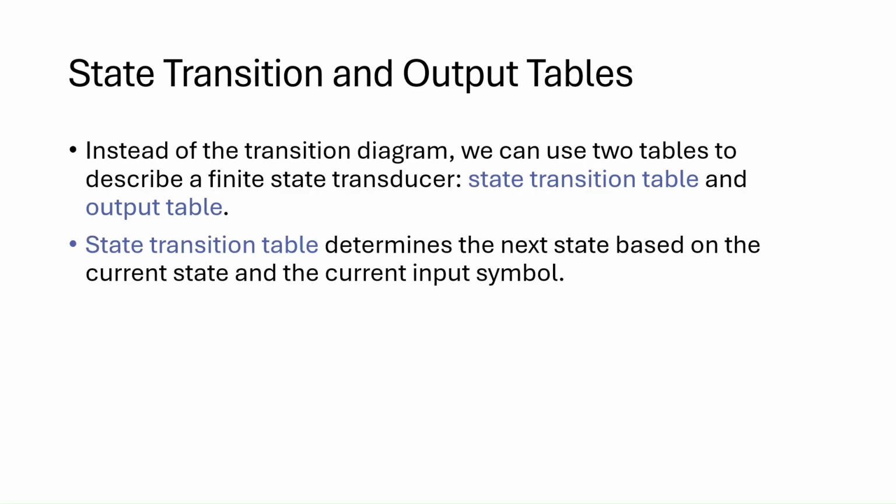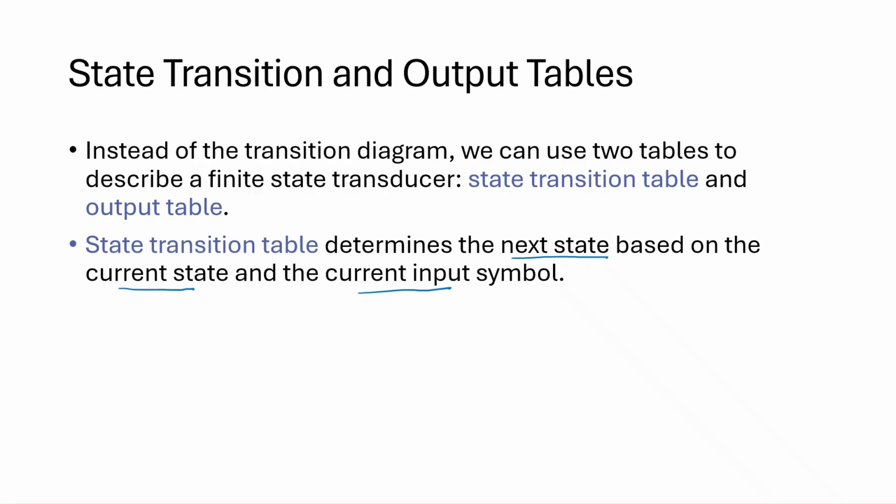The state transition table tells us, given the current state and the current input symbol, where we need to transition to. So it tells us the next state. Given a pair of state and input, it tells us what the next state is.